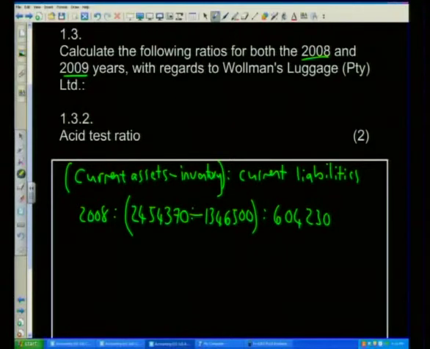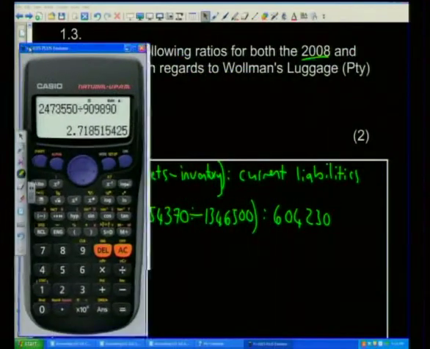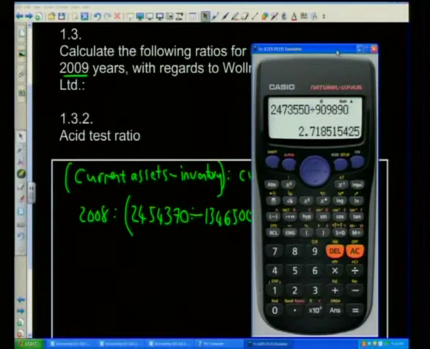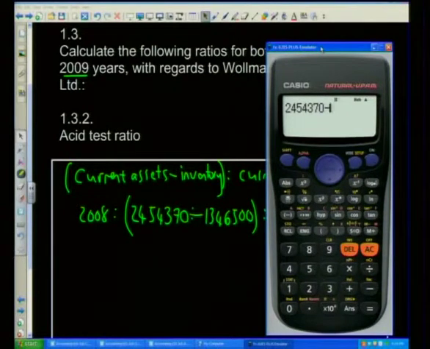So once again, let's bring our calculator up onto the screen and do the calculation. I'm going to take the 2,454,370, and now first I'm going to subtract from this the 1,346,500.